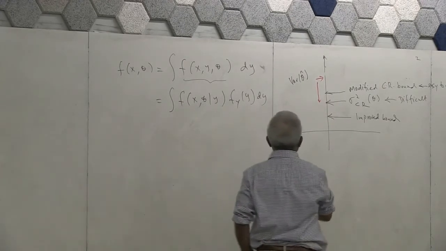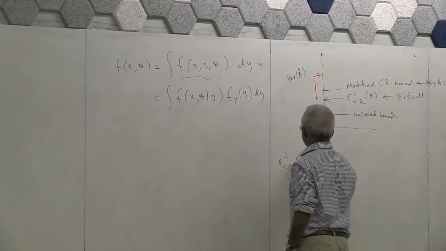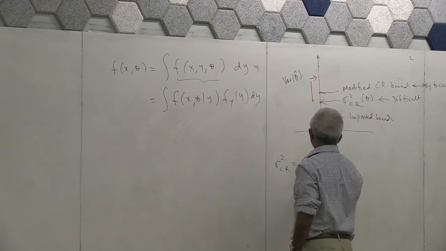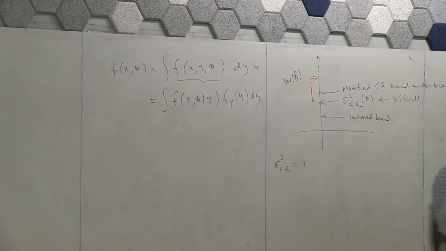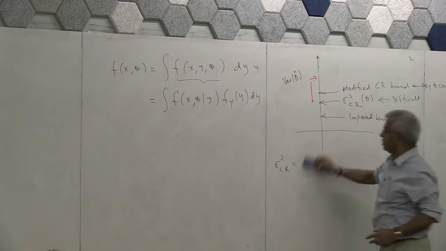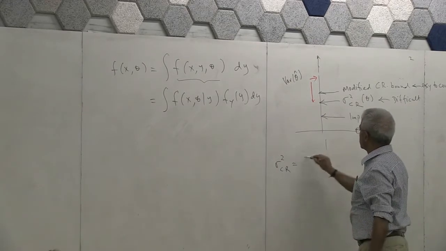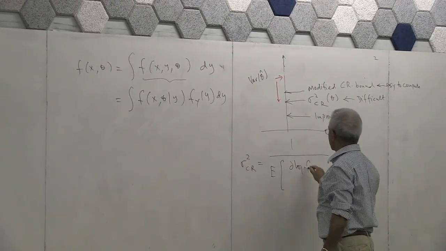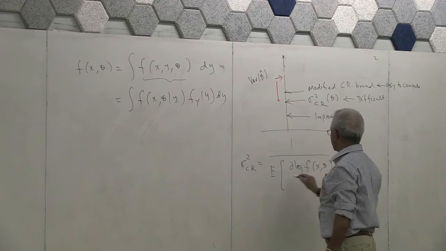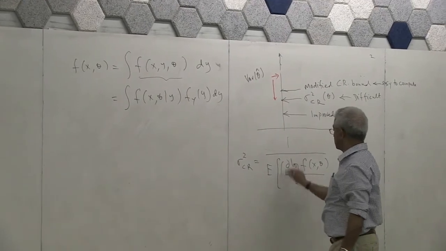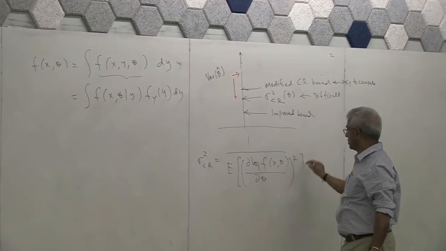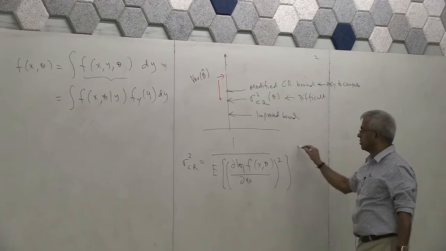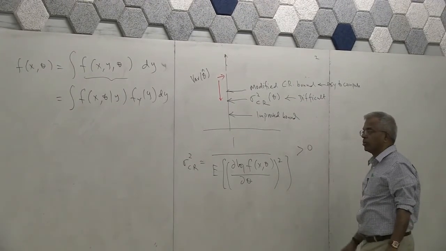Remember, what is the Cramer Rao bound? Sigma squared CR is, and I'm going to derive a different expression. What we have studied is the expectation of d log f of x comma theta d theta, squared, and the bound is 1 over J11.